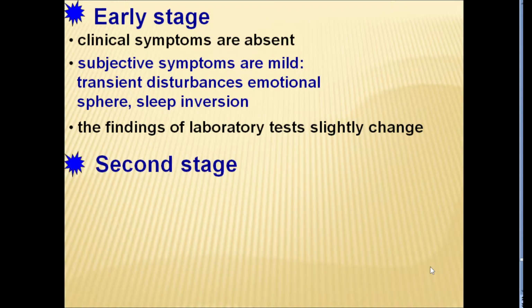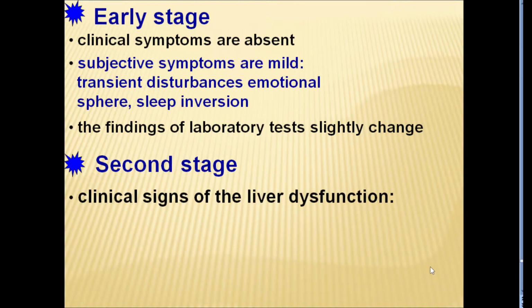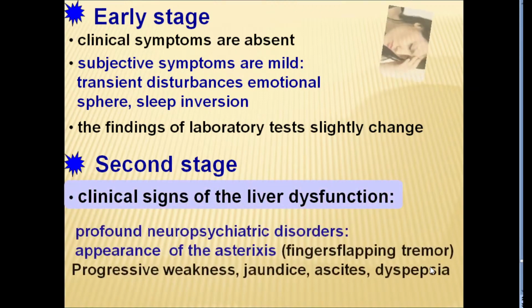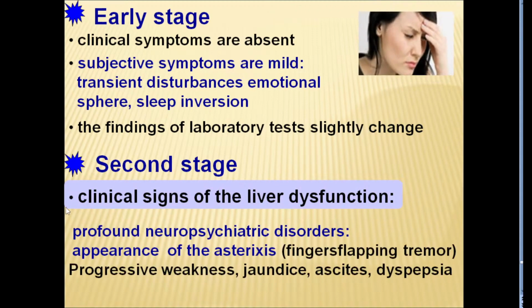Second, the visible stage. We can see clinical signs of liver dysfunction, and first of all profound neuropsychic disorders. I told you about finger flapping tremor. The patient complains of progressive weakness, his walking activity progressively decreases.